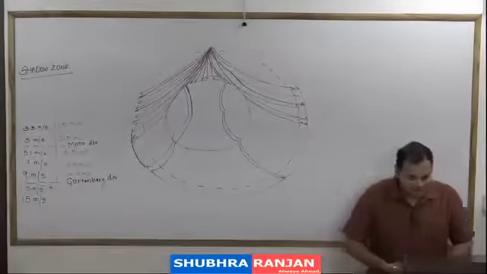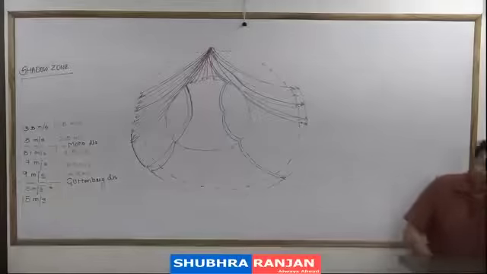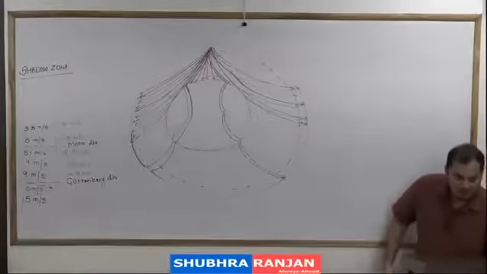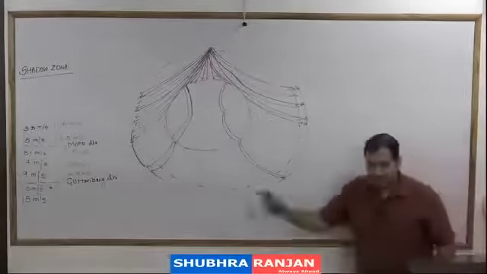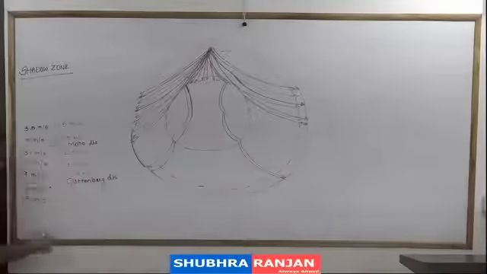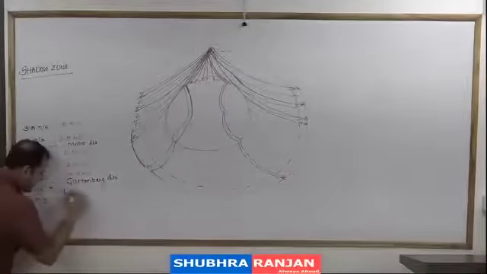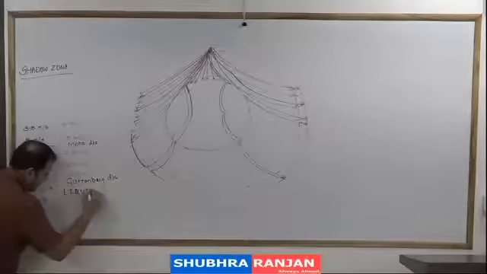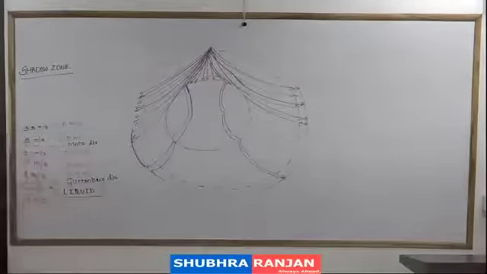And because they could not penetrate inside the core, and the velocity of S waves is very, very less, and of P waves is very, very less here, what do we conclude? We conclude that this is liquid in nature. The outer core is liquid in nature.